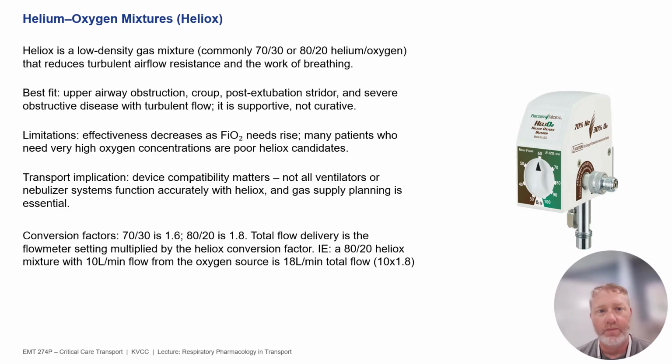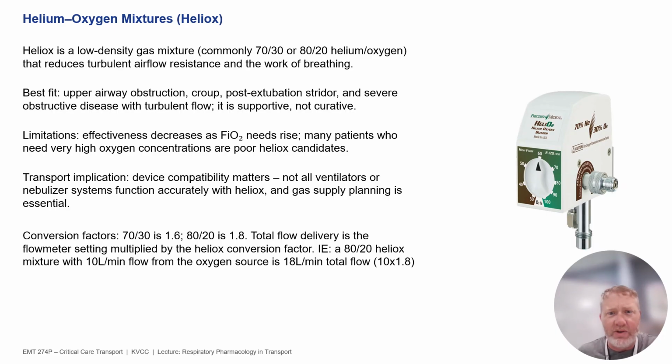In the case of upper airway obstructions, the most common blends are 70-30 or 80-20 helium to oxygen ratio. I think of Heliox as temporizing therapy for turbulent flow problems.